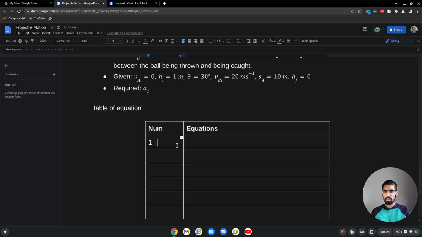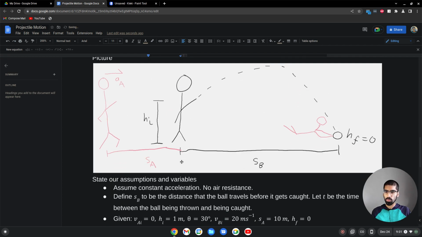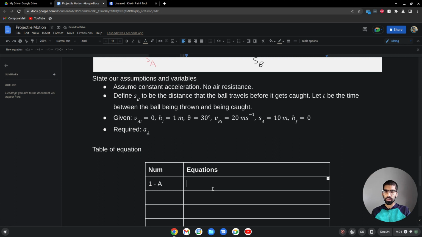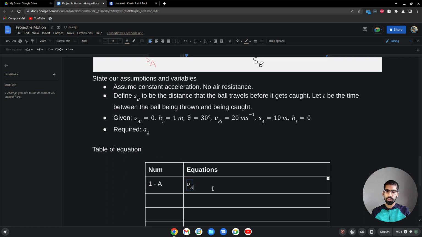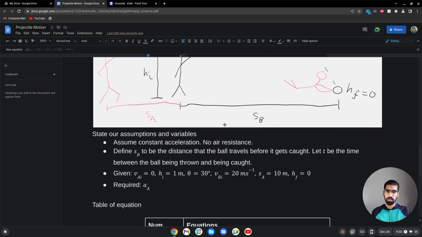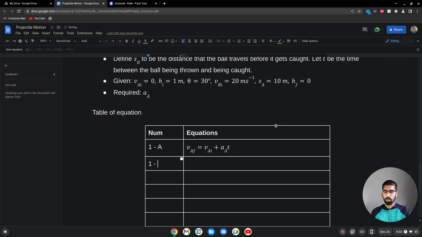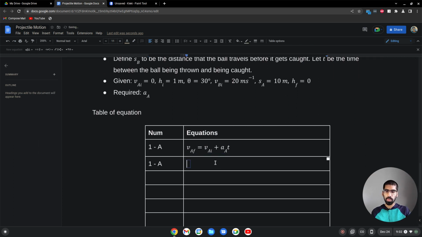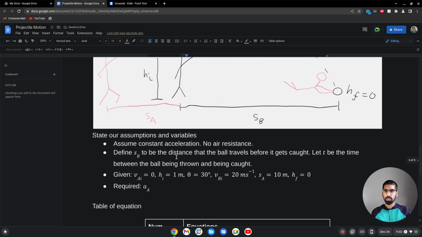So equation 1, let it relate to person A. We'll say that the final velocity, VAF, is equal to the initial velocity of this person plus their acceleration over time. Do we need any other equations for this person? We have this equation about the distance they travel, so let's add that in. The distance they travel is going to be SA and SB, right?